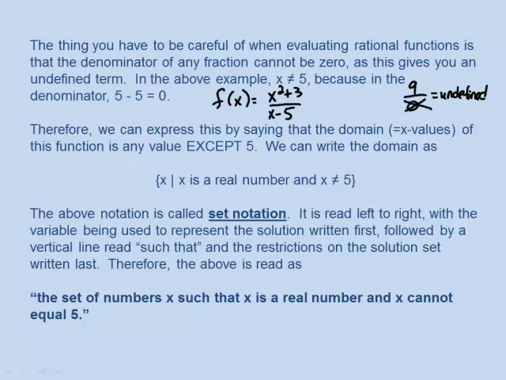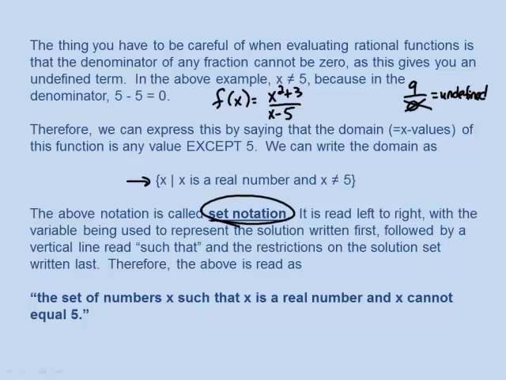Therefore, we can express this by saying that the domain, which is simply your x values, of this function is any value of x except 5. You cannot let your domain be 5 because then you get 0 in your denominator. We can write the domain in this type of notation called set notation or set builder notation.